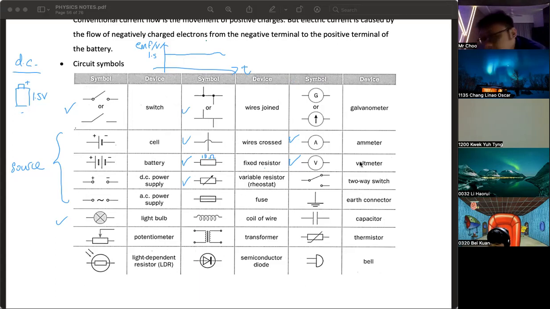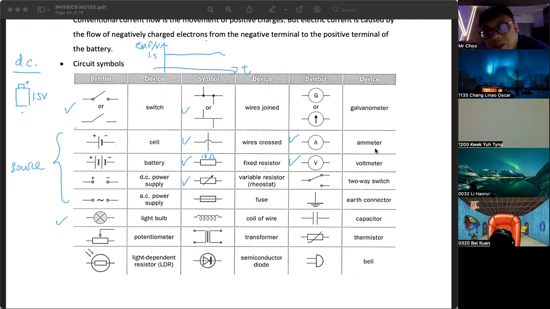The voltmeter is connected in parallel to measure the potential difference. You will hear a lot of this thing called galvanometer as well. A galvanometer is the same thing as an ammeter. It's a simple ammeter. It just detects any presence of current.